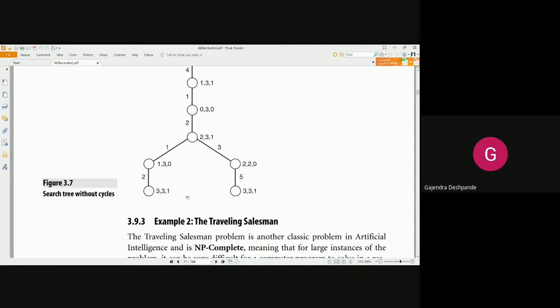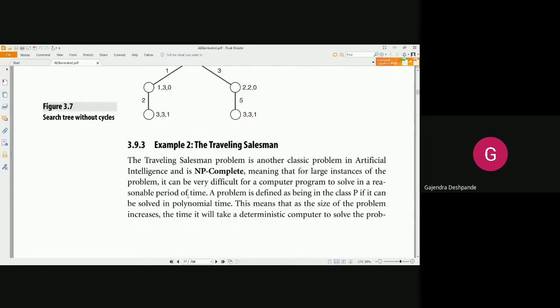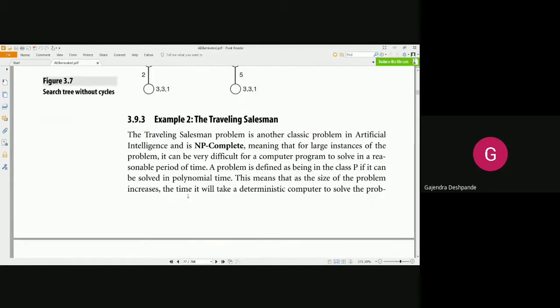The next concept is the traveling salesman problem, and the traveling salesman problem is an NP complete problem. That means it's a very hard problem to solve. We have not yet found an efficient solution for it in computing. So if you have already written a program in the algorithms lab to solve the traveling salesman problem, you can create a matrix of 200 by 200.